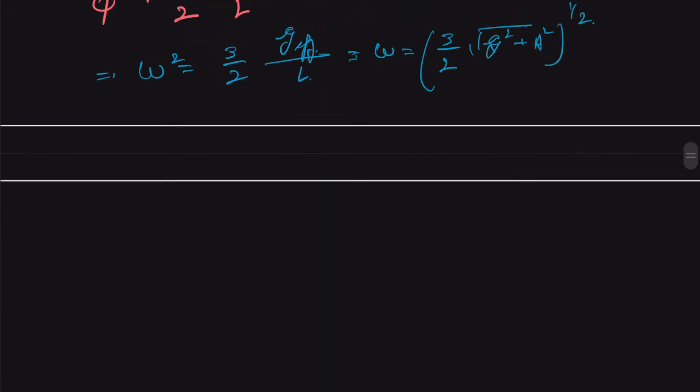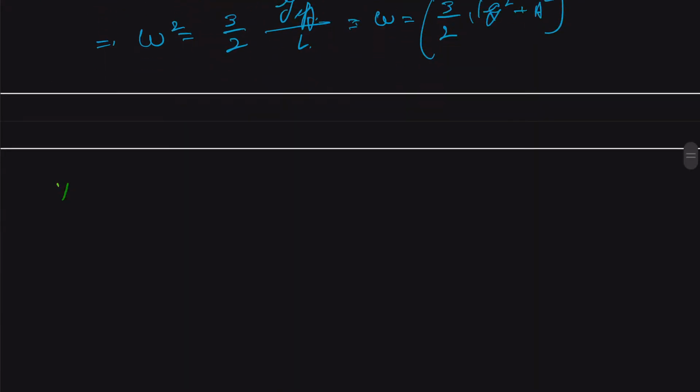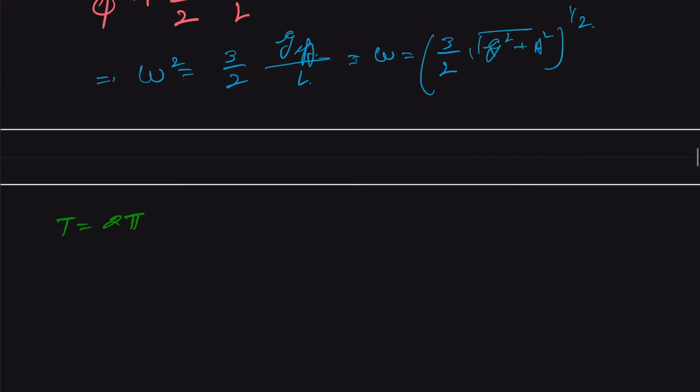We can also find out the time period. So we can say our time period will be equal to 2 pi, and this we get as 2L upon G effective and its square root.